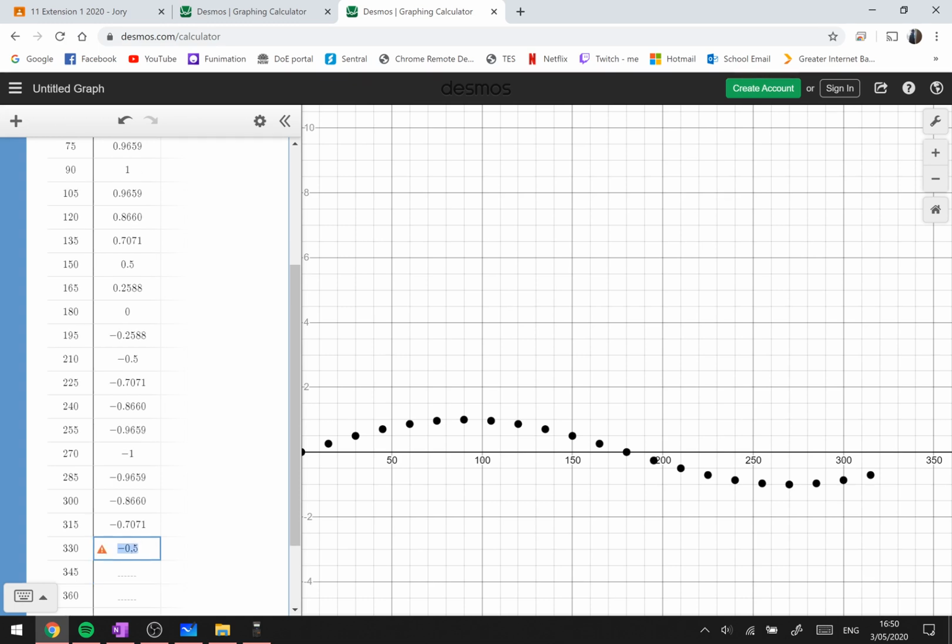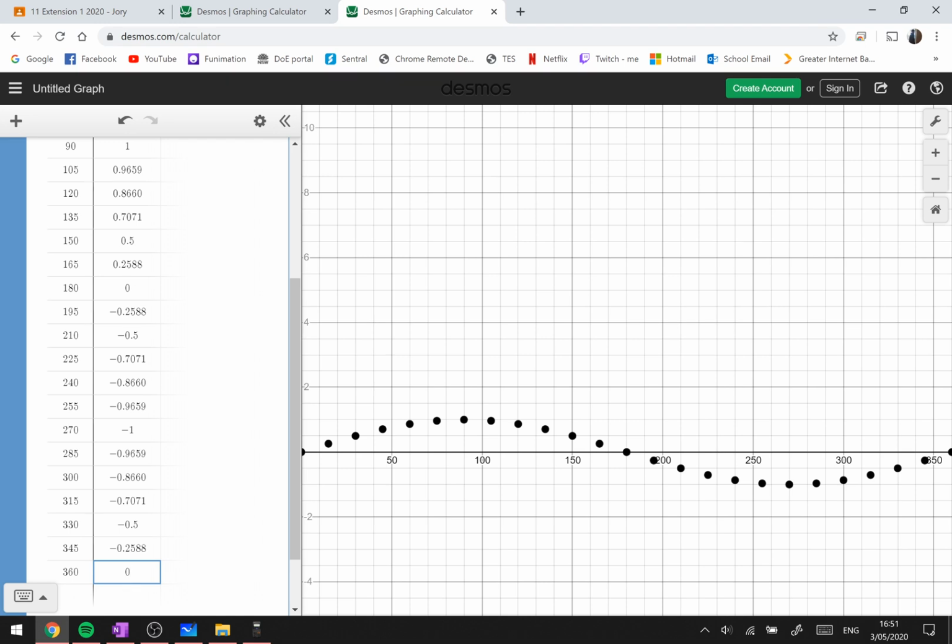Whoop, I did a comma, not a point, 0.5. Okay, 245 is going to be negative 0.2588, and negative 360 is just going to be, well, I was going to write negative 0, but it's just 0. So as you can see, we've got this loop that happens.